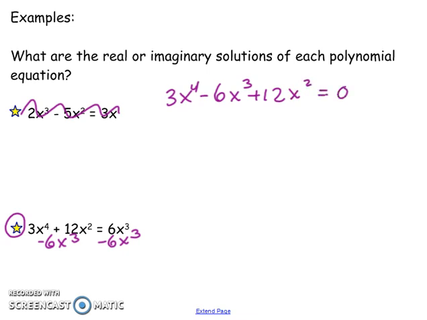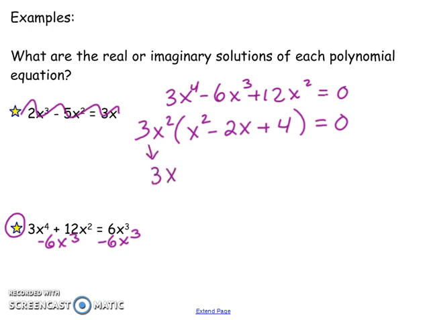Once it's set up, we're going to take out the common factor. So we're going to take out 3x squared. So we're left with x squared minus 2x plus 4 equals 0. So I can solve this right away. 3x squared equals 0.